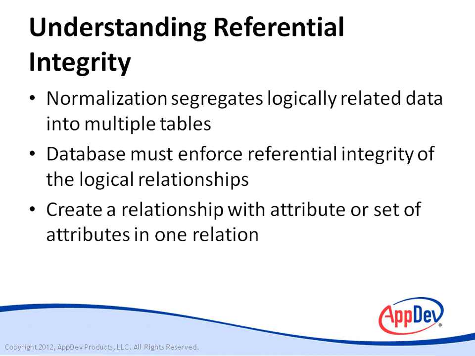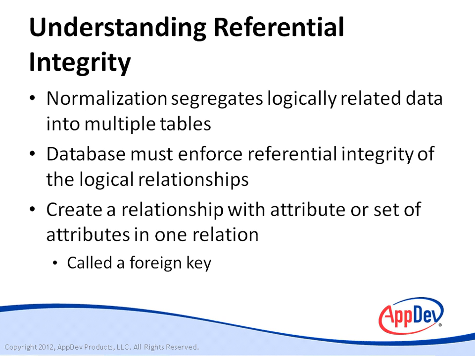You define a relationship between two relations by creating an attribute or set of attributes, which is called a foreign key, in one relation, which contains values that match the values in the primary key of the other relation. For example, each row in the enrollment table has a foreign key column student ID, which contains a value that also exists in the primary key student ID column in the student table.